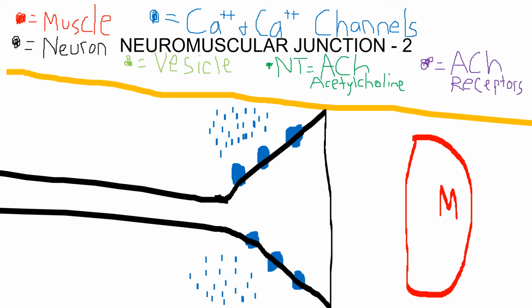Those proteins are blocking them. And the only way that those proteins are going to get opened is if we shock them with electricity. A really big theme in neurophysiology is that if you shock something with electricity, a lot of times something changes shape or something moves. And that's what's going to happen with our muscle, as you'll see.